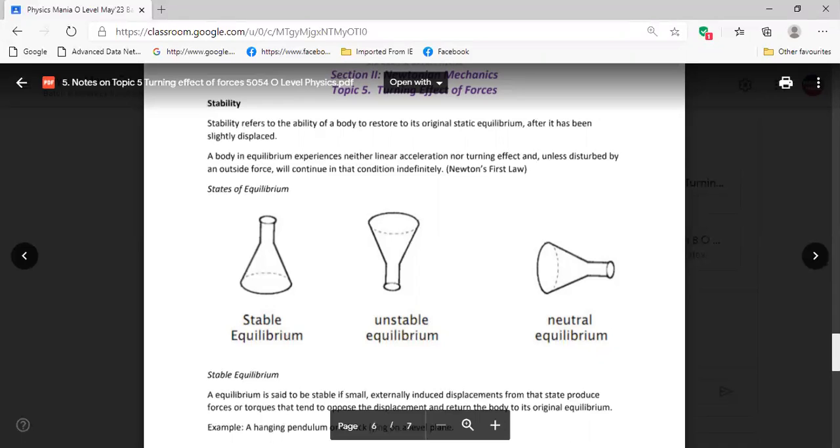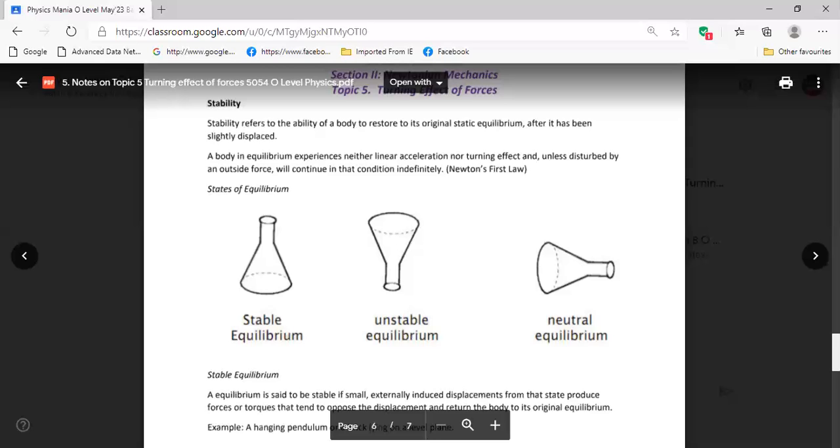Then we see that it's not happening like before. Now it's quite stable. So from that idea, we understand, if the lower surface, or the base of the object, is more wide, then it is more stable.